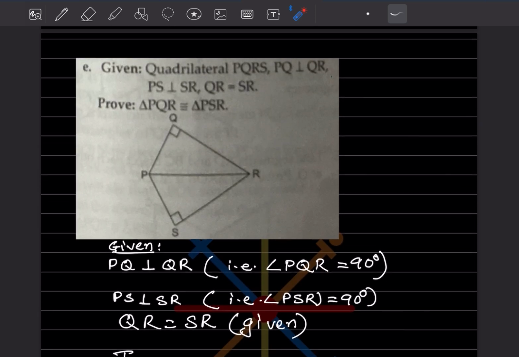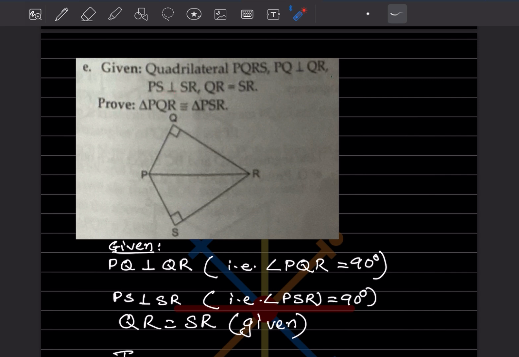So the next one here, given quadrilateral PQRS, PQ, this stands for the perpendicular. So if we are taking this like this, PQ is perpendicular to QR.